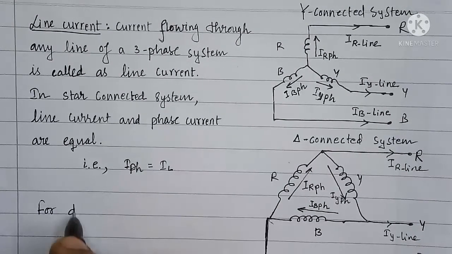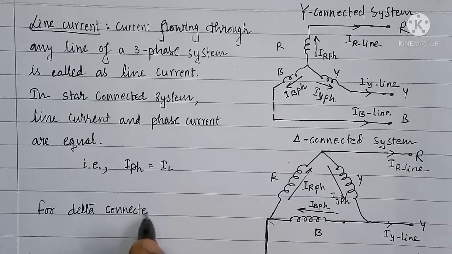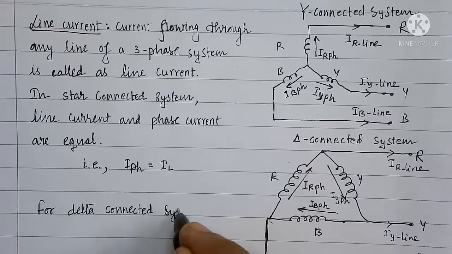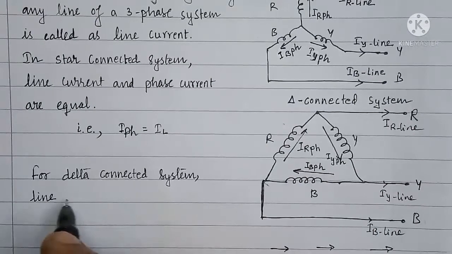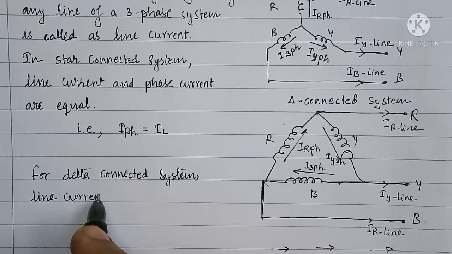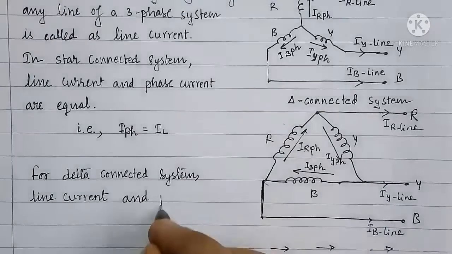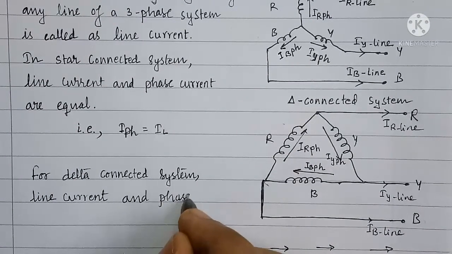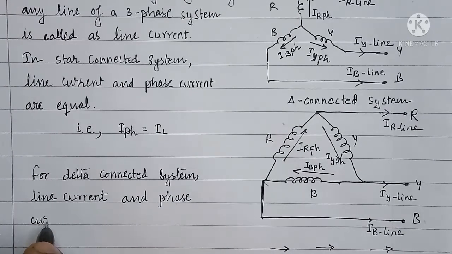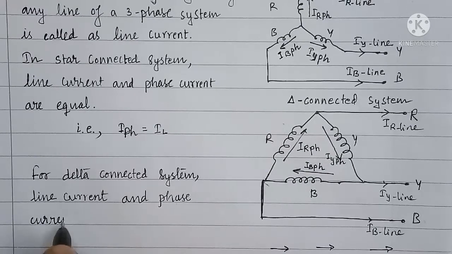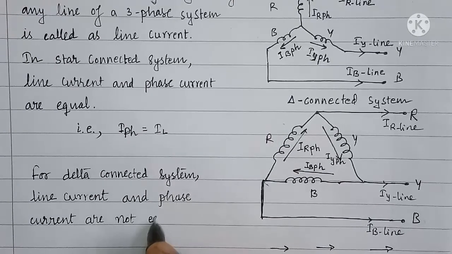For delta connected system, line current and phase current are not equal.